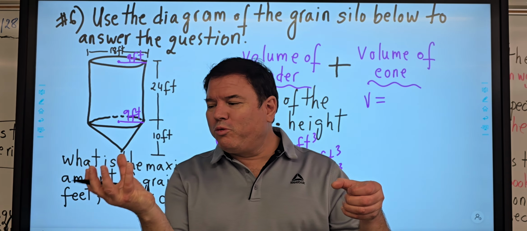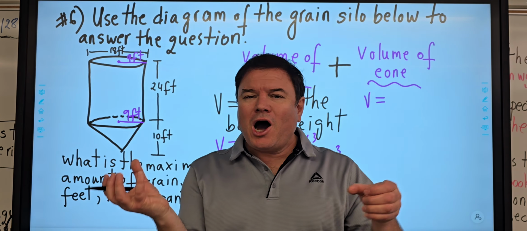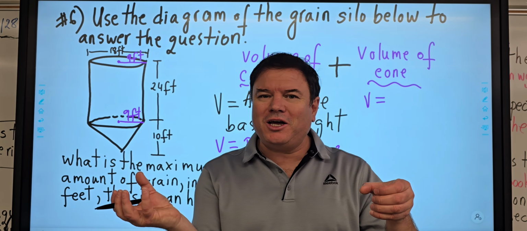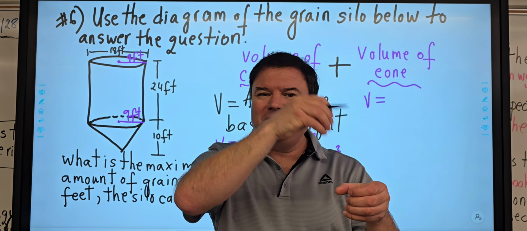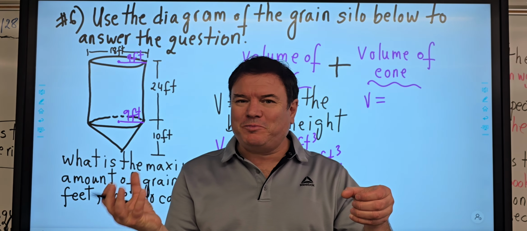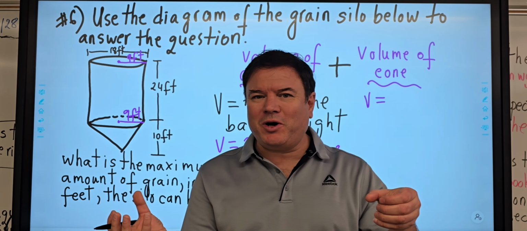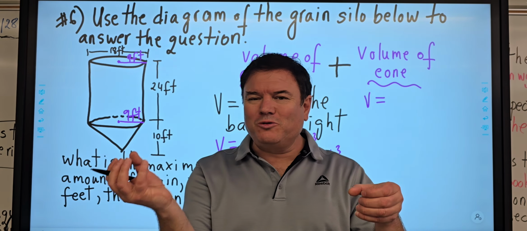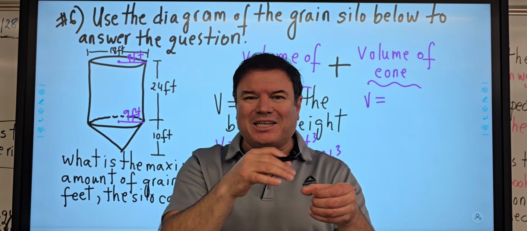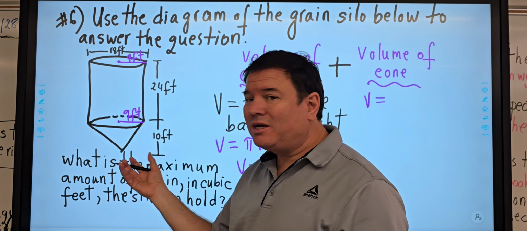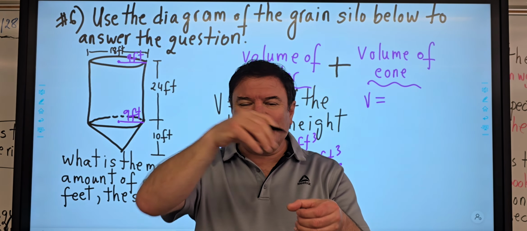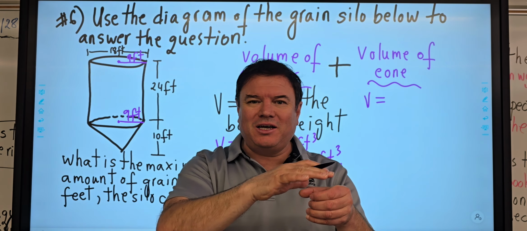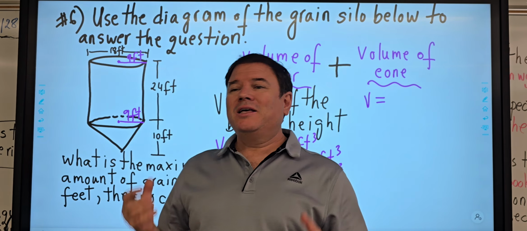If I pour water in this cone, how many cones do you think are going to fill up the cylinder? I've actually done the experiment, and it's 3 cones that are going to fill the cylinder exactly. 3 of these cones full of water is going to fill the cylinder.